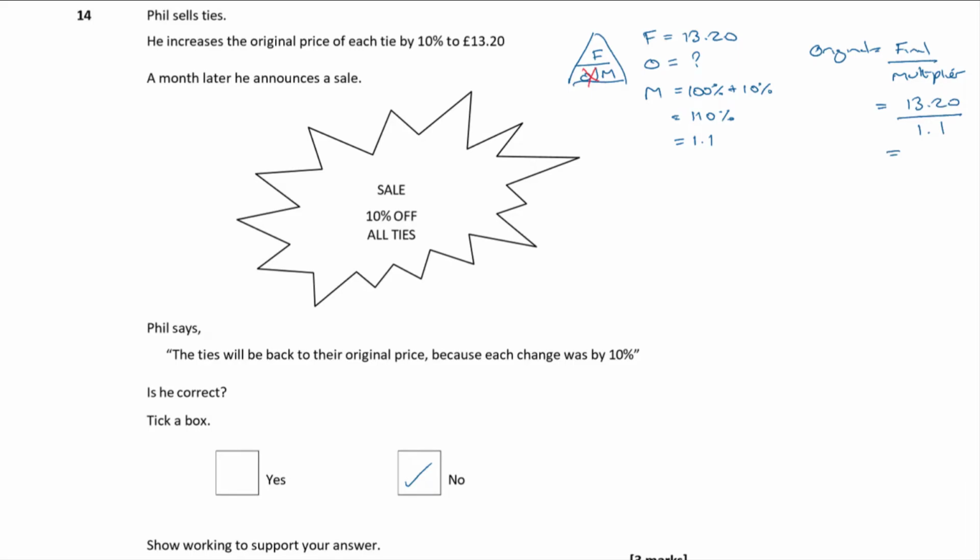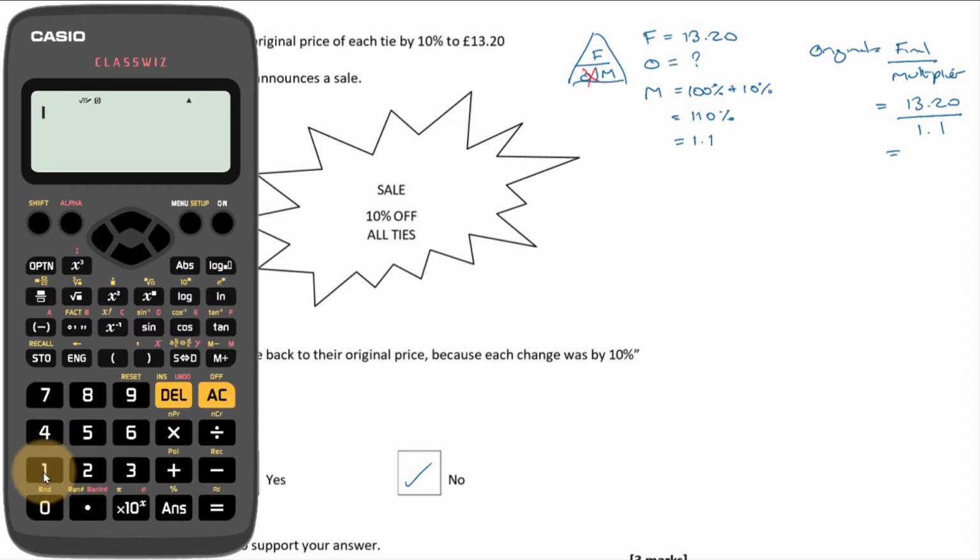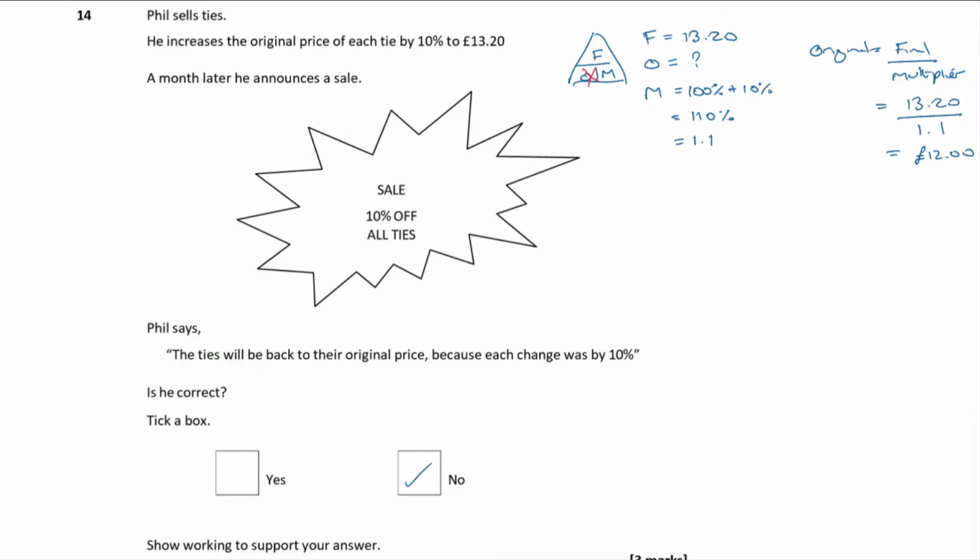So what's that then? £13.20 divided by 1.1. That means that the ties were originally £12. Okay, so when he bought them, they were £12.